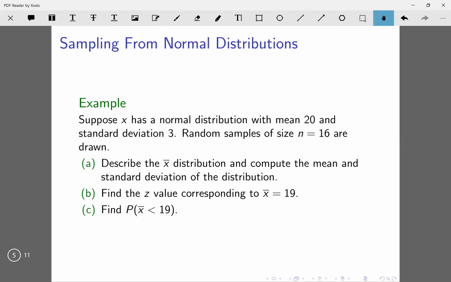Okay. So let's do an example. So our population X has a normal distribution with mean 20 and standard deviation 3. So let's picture this as the number of minutes the average student can pay attention to an online video with standard deviation 3. So this is the time in minutes.